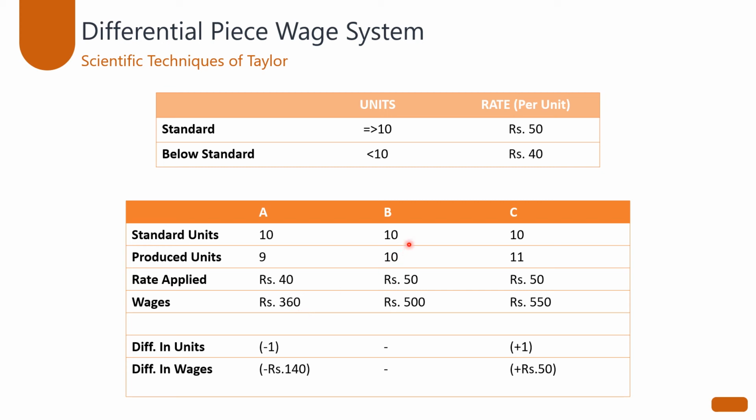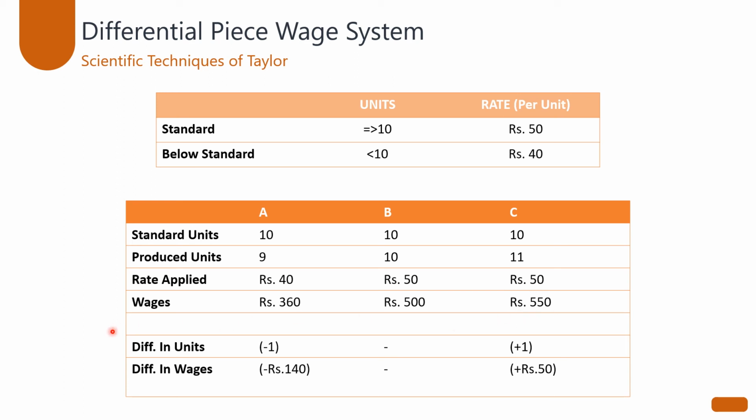B, who produced standard number of units, got a wage of rupees 50 per unit, and he got rupees 500 as wages for that day. C, who produced more than standard unit, that is 11, got the same wage rate, got rupees 550 for that day.